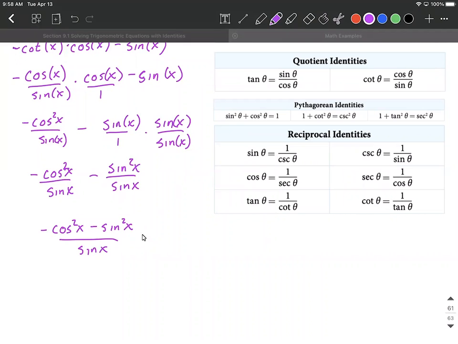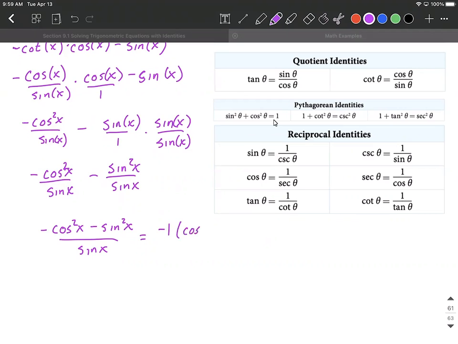Now looking at that numerator, we have some squares, right? We have cosine squared and sine squared. That's leading me towards the Pythagorean identities. So sine squared plus cosine squared is going to equal 1. So to make those both positive, what we can do is we can remove that negative, call it a common factor here.